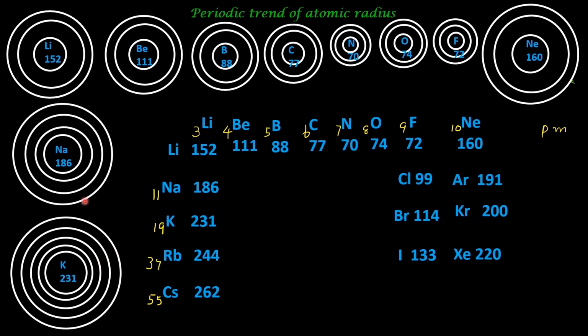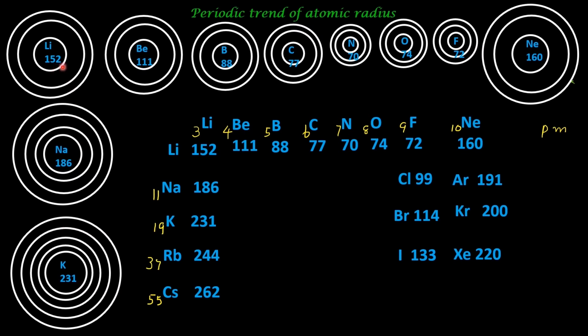You need to remember this point also, because we need this point when we start discussing the reason for the trend of atomic radii across the period and down the group. In the diagrammatic representation of the atoms belonging to the period and the group, I have shown the size of the atomic radius and not the atomic number or the number of neutrons.